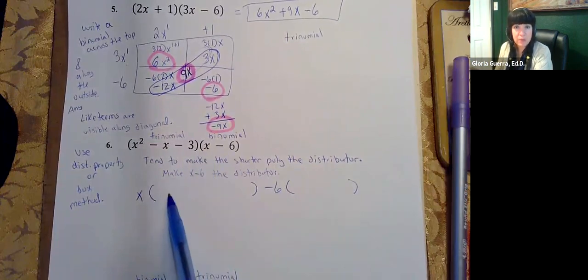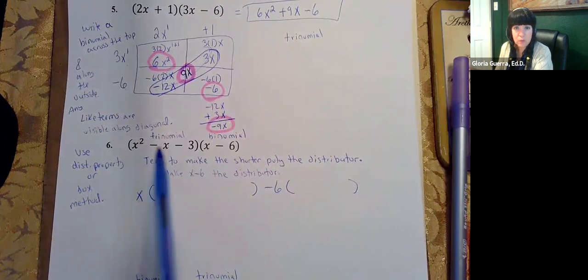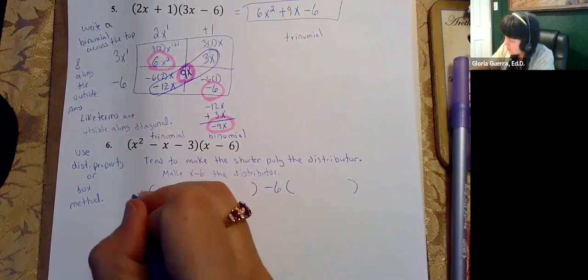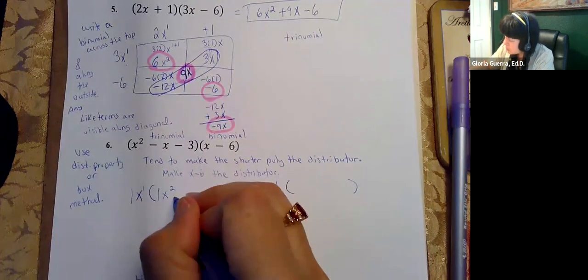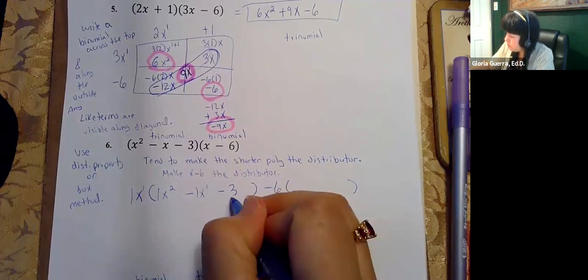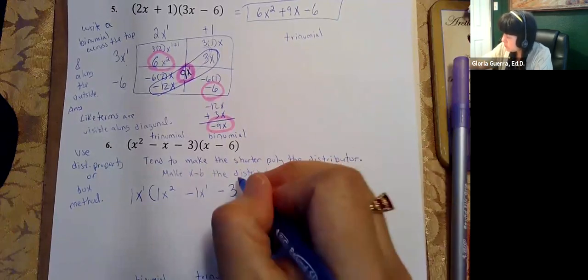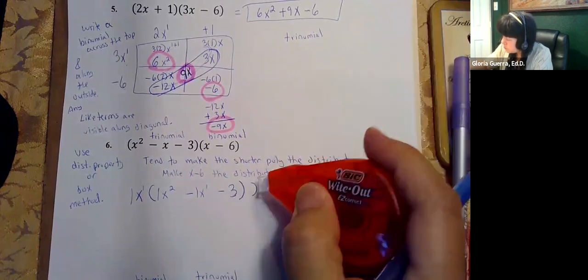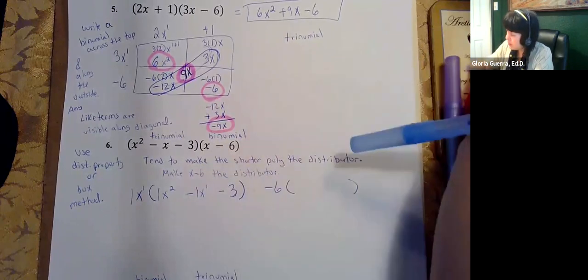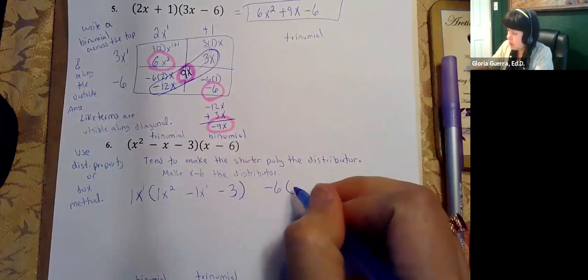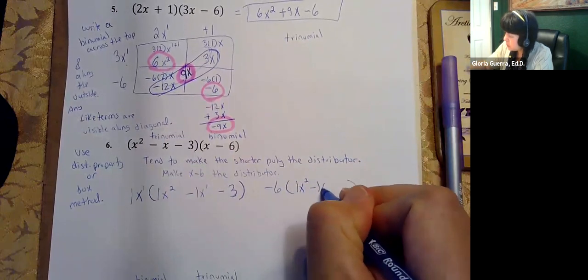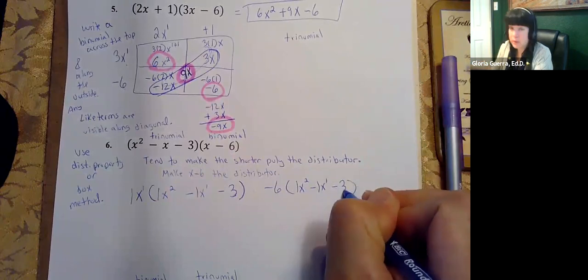x is going to be multiplied times all of this trinomial, x squared. And you can put the 1s here if you want to emphasize that. 1x squared minus 1x to the first power minus 3. And then minus 6 times all of this. 1x squared minus 1x to the first power minus 3.